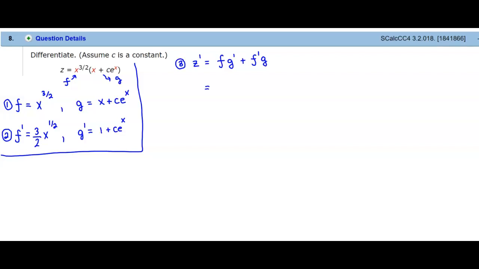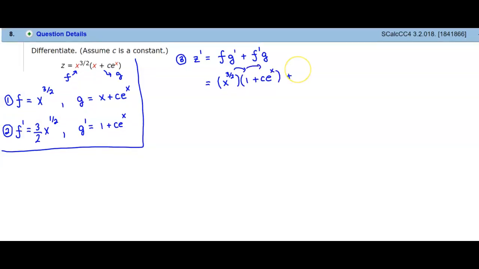So we know that f is x to the 3/2 times g prime, which is 1 plus ce to the x, plus f prime, and f prime is 3/2 x to the 1/2, and then we're going to multiply it by g, which is x plus ce to the x.